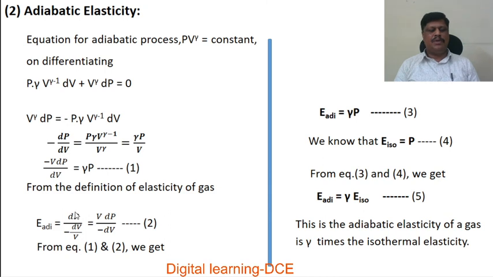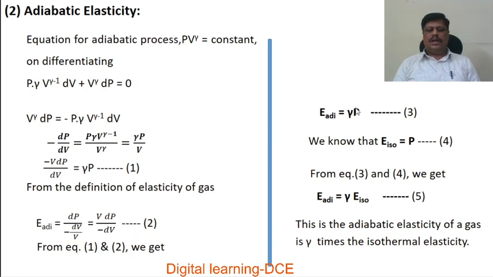Volume strain is the ratio of change in volume to the original volume. On rearranging, we get V dP over minus dV.